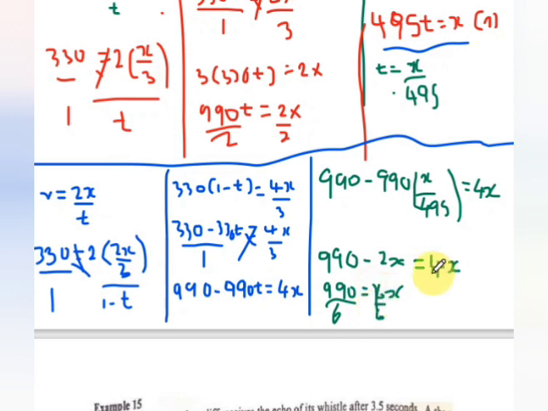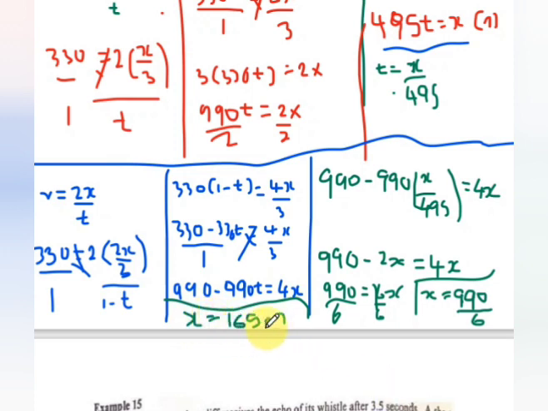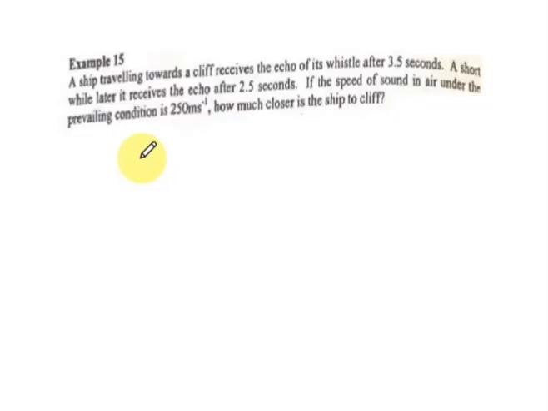So 6 will cancel out 6. Here we can see that x is equal to 990 divided by 6. And x is equal to 165 meters.